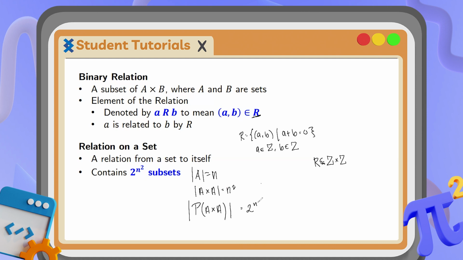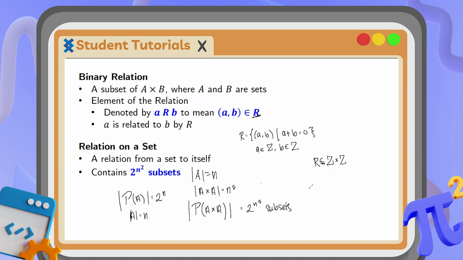2 raised to n squared. Remember, for power sets, if you have a set A where the cardinality of A is n, the power set would have 2 raised to n elements. And in this case, it becomes 2 raised to n squared subsets.